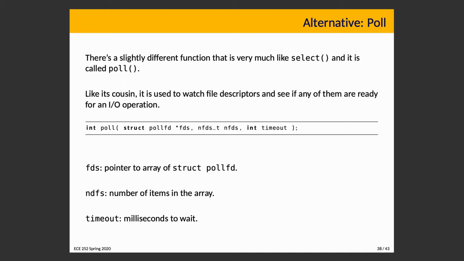You don't have to break them up based on the kind of thing that you're looking for. You don't have to calculate the maximum number or anything like that. We provide an array that says these are the poll descriptors that we're interested in, and then we also have to provide the length of the array because this is C. And that is most of what we need.